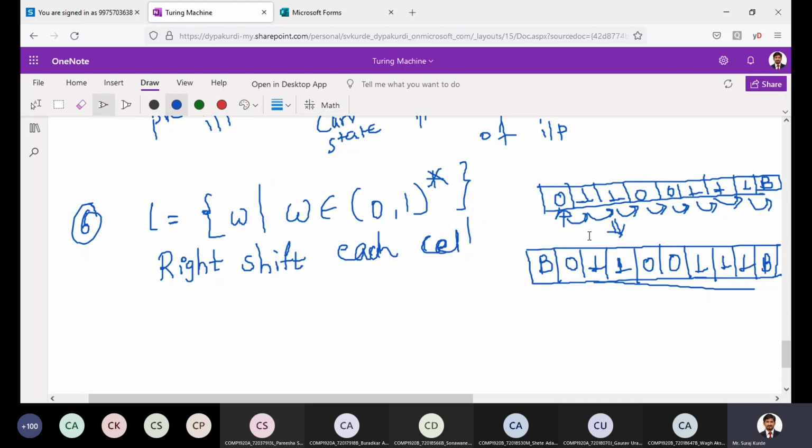So this way we have to convert it. The input tape is changed, where we are replacing the input tape, shifting it to the right side. That means we are performing a right shift on the input tape. This way we have to work.